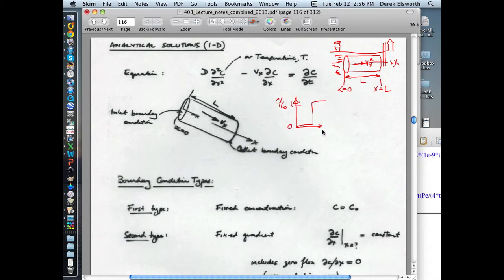And if this is time, we get some behavior along the length of this sample. Again, relative concentration C over C0, just normalizing it between 0 and 1. And we'd expect it to look like this, where this is length equals advective velocity times time. So nothing more than that.